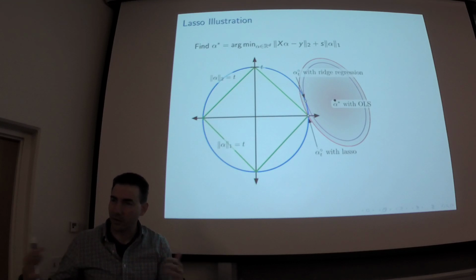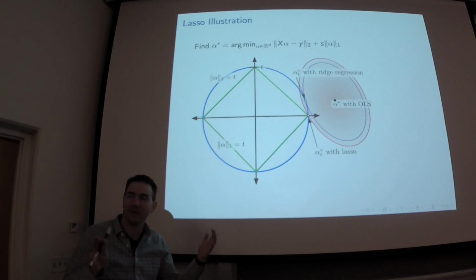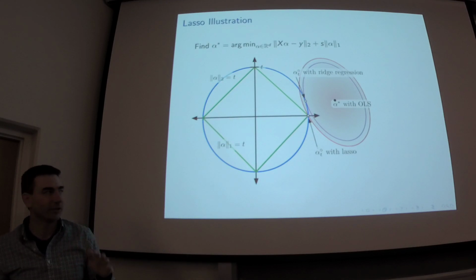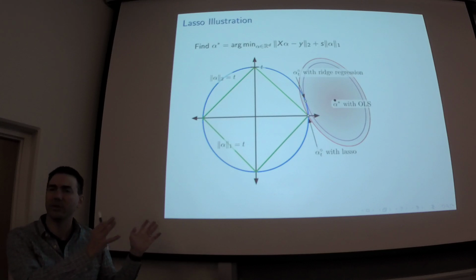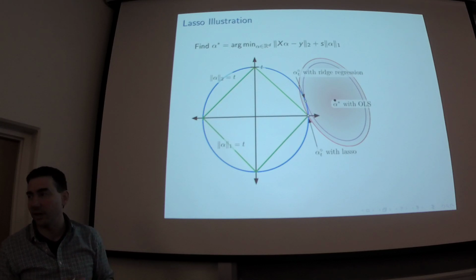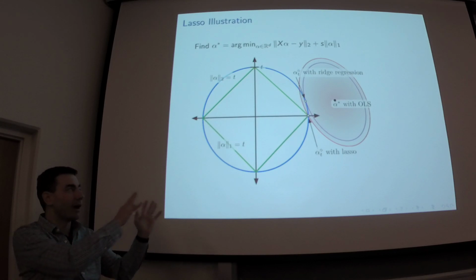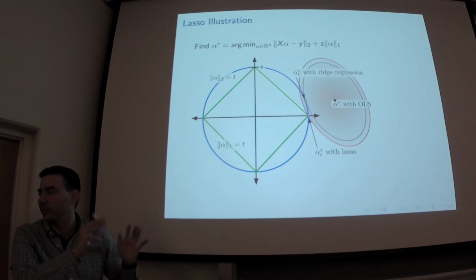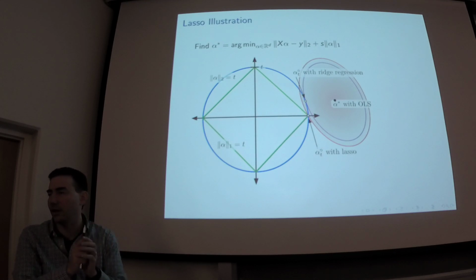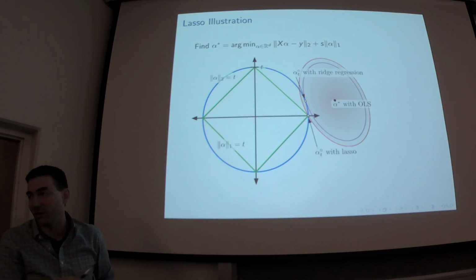We'll talk more about singular values after the break, and if these notions are not so clear, hopefully we'll see how to derive ellipses from singular values in that case. But it has to do with the singular values.